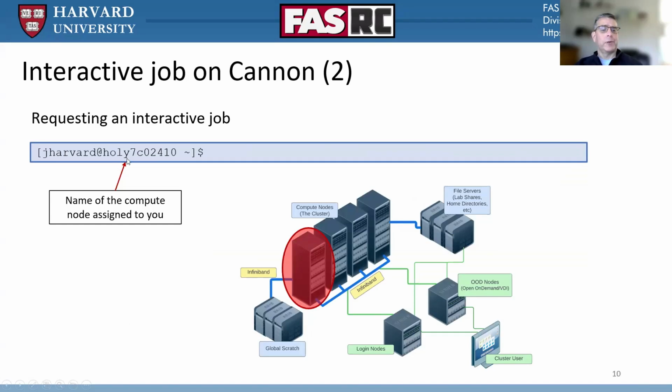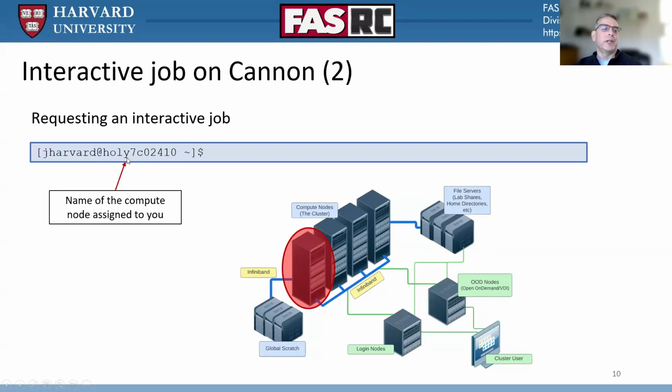And once you do that, we'll go through a demo in a second. You'll see that the prompt changes from the login node to some sort of cryptic name. Again, that doesn't really mean too much to you. That's just assigned by their location in the data center. It doesn't really mean anything except for this part.